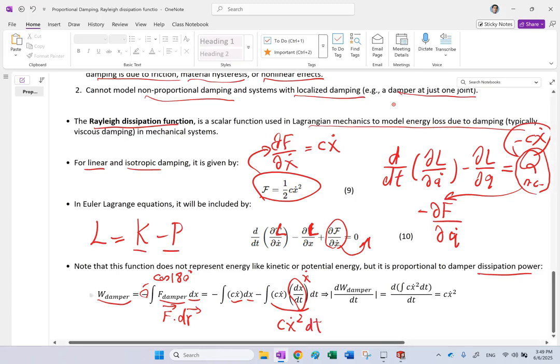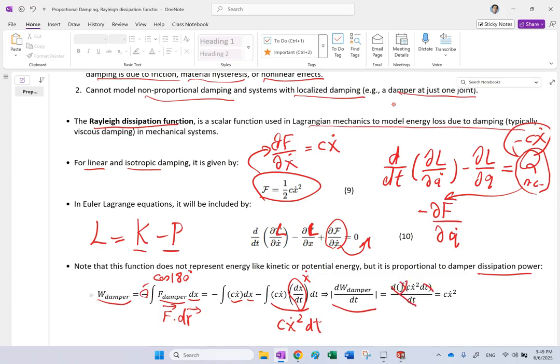Now I take a time derivative from both sides of this. The time derivative of work is going to be the power of the damper dissipating energy, and the derivative and integral are opposite operations of each other, so they cancel each other, and you get c x dot squared. So you see, this c x dot squared is basically the dissipation power of the damper. You just multiply it by 1/2.